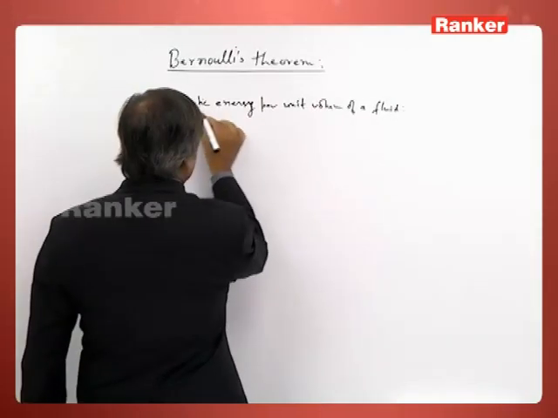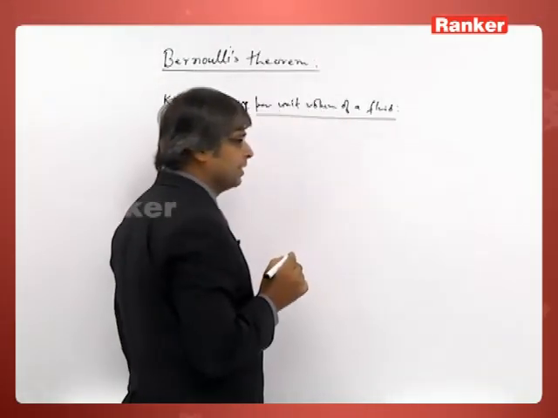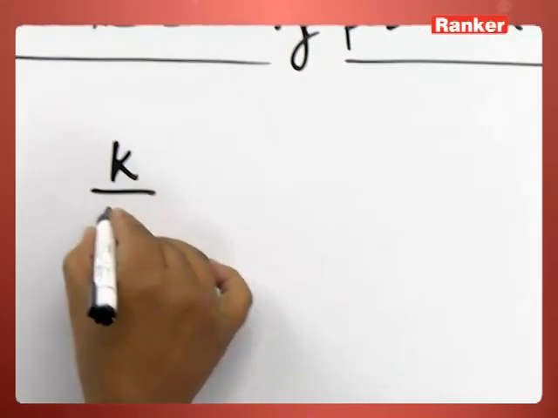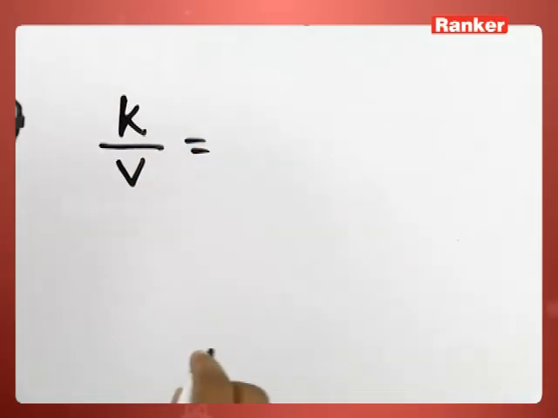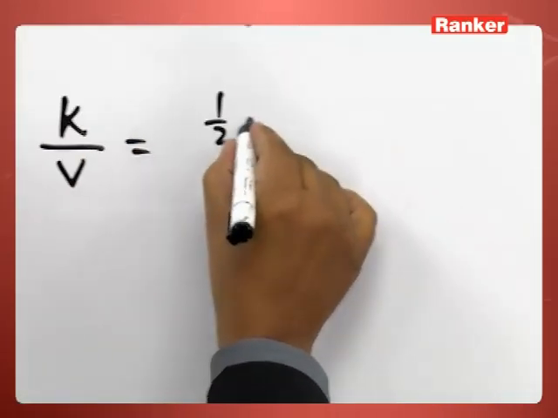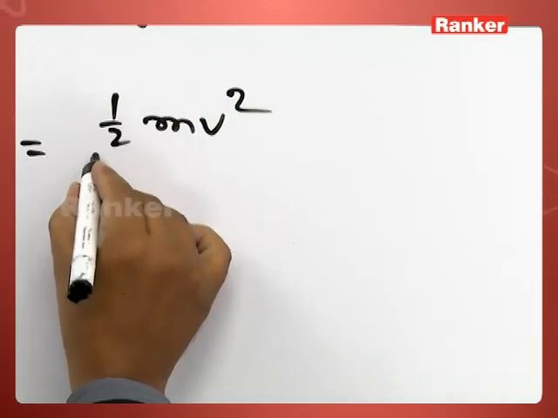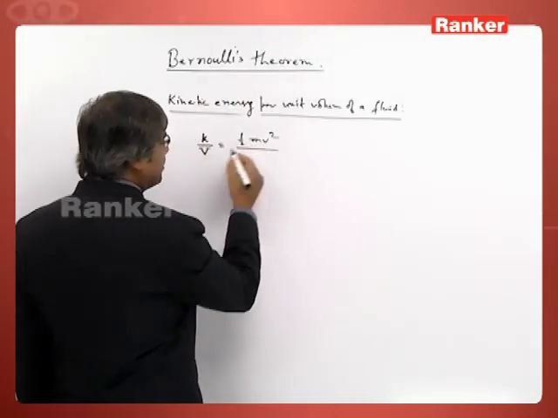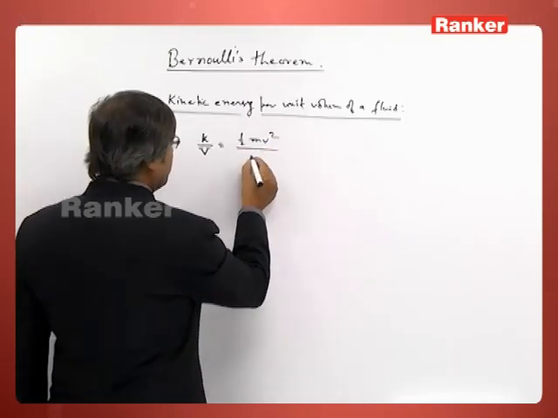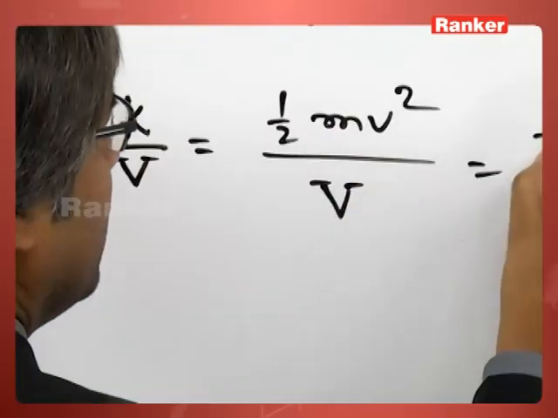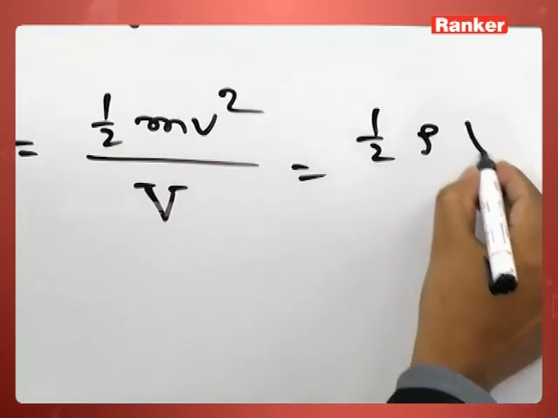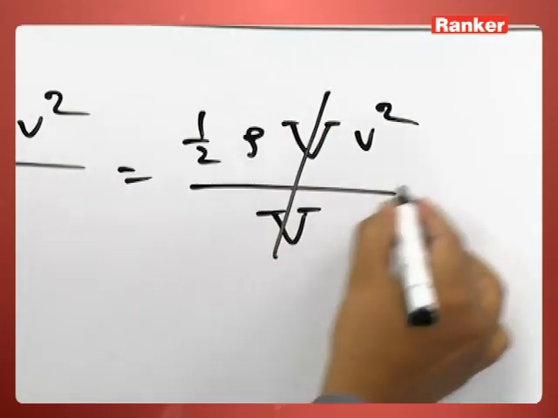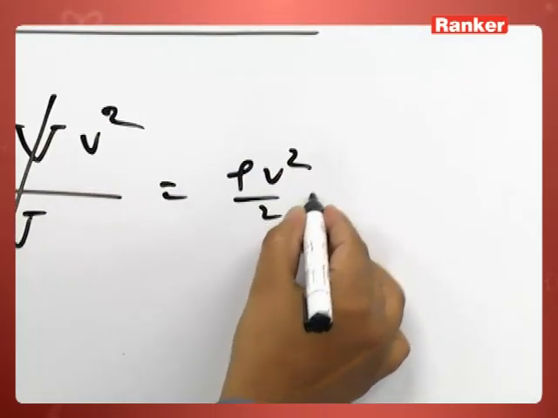This is a simple expression: the kinetic energy K per unit volume will be, kinetic energy is half m v square, divided by the volume V, which should not be confused with the velocity. The mass will be density into the volume, so that is rho v square by 2.